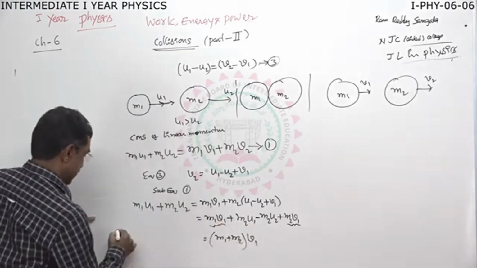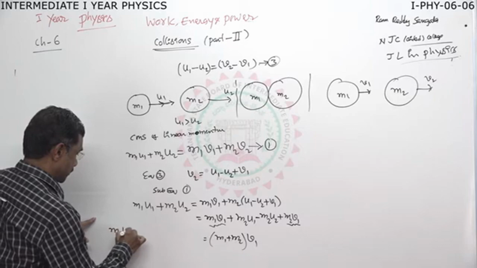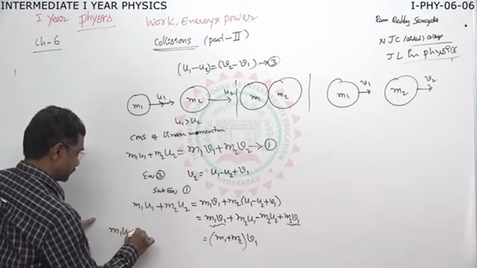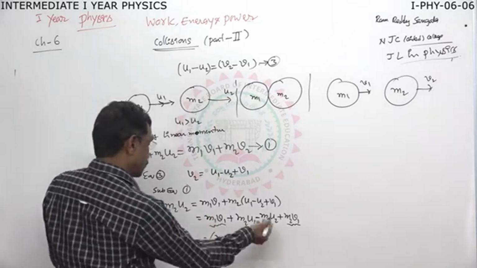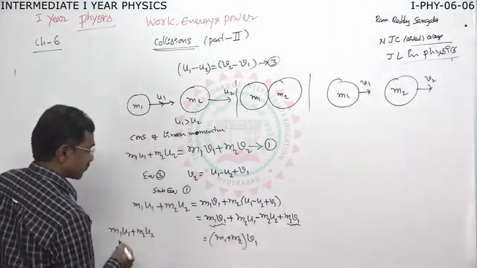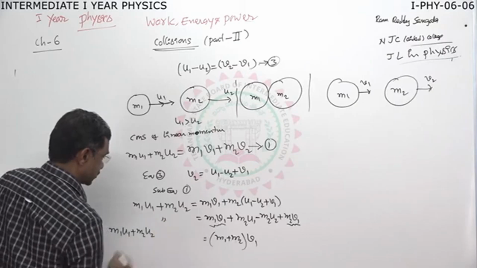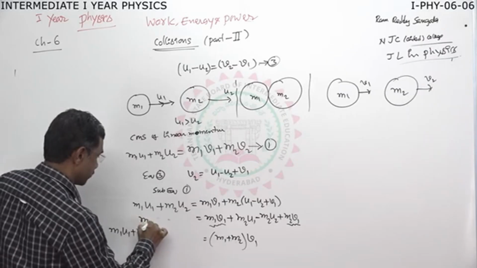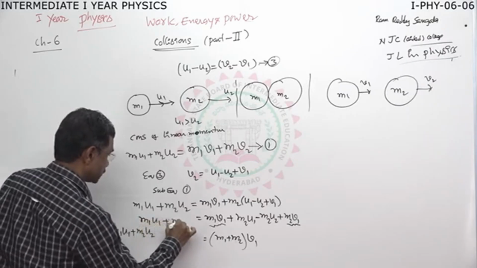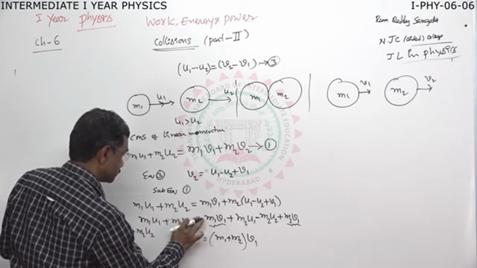This side you already have m1 u1 on the left-hand side, plus m2 u2 already on the left-hand side. Now you bring these two terms to this side. So this as it is, you repeat it. To avoid confusion, I'll write it again: m1 u1 plus m2 u2.